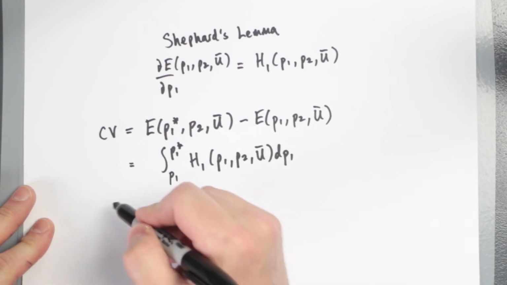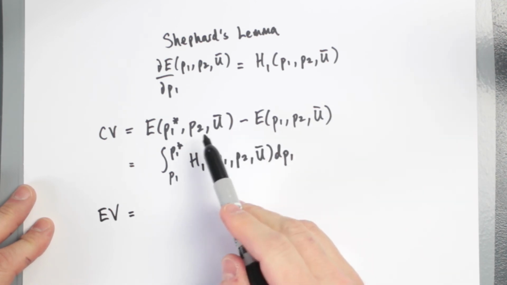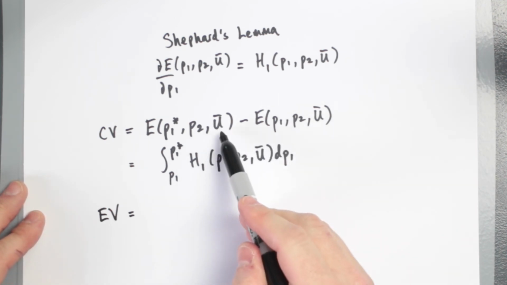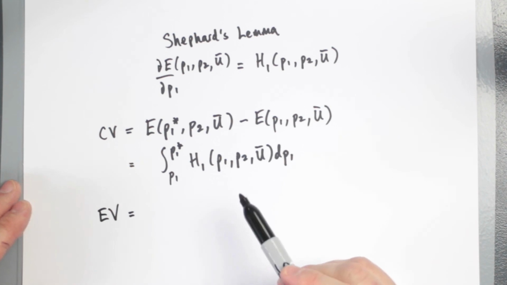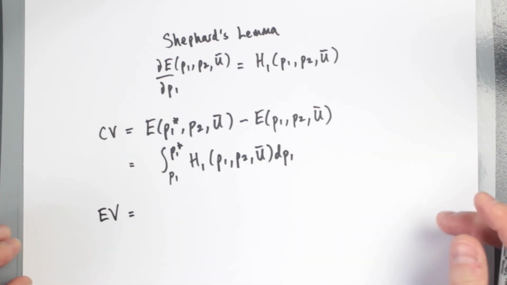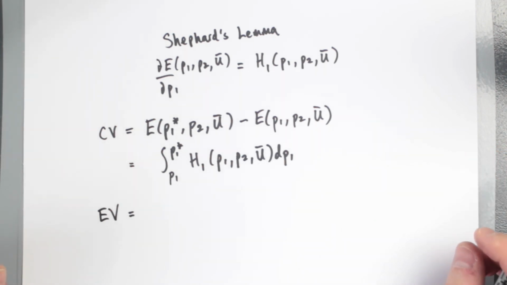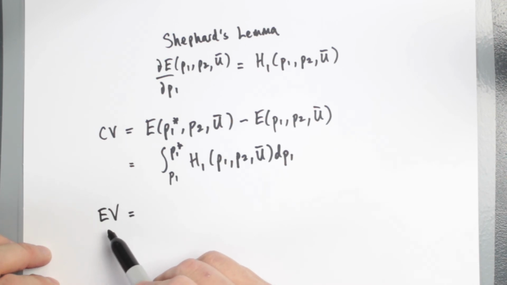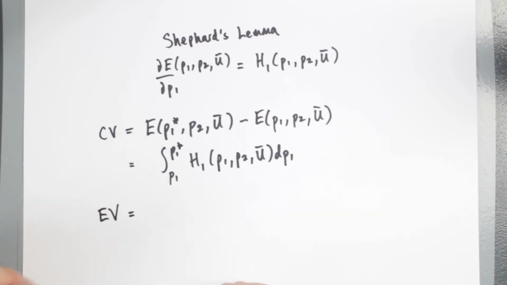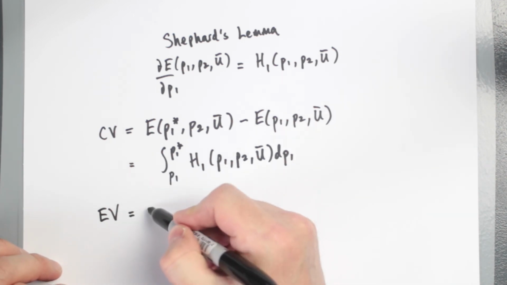Similarly, the equivalent variation essentially is the same as compensating variation, except we replace U bar with U bar star in this case. The interpretation was it's an amount of money equivalent in terms of how utility decreases. If we took EV away from a consumer's income, their utility would drop from U bar to U bar star, which is precisely what happens when the price increases from P1 to P1 star.